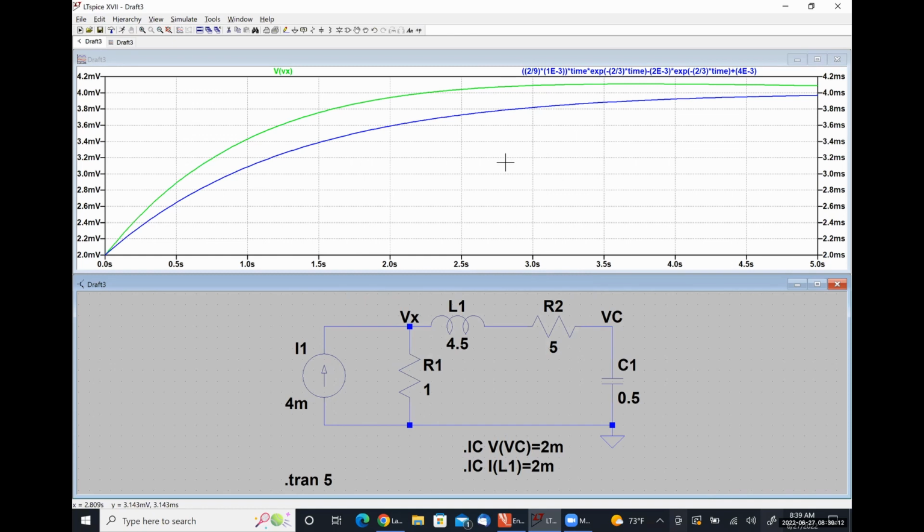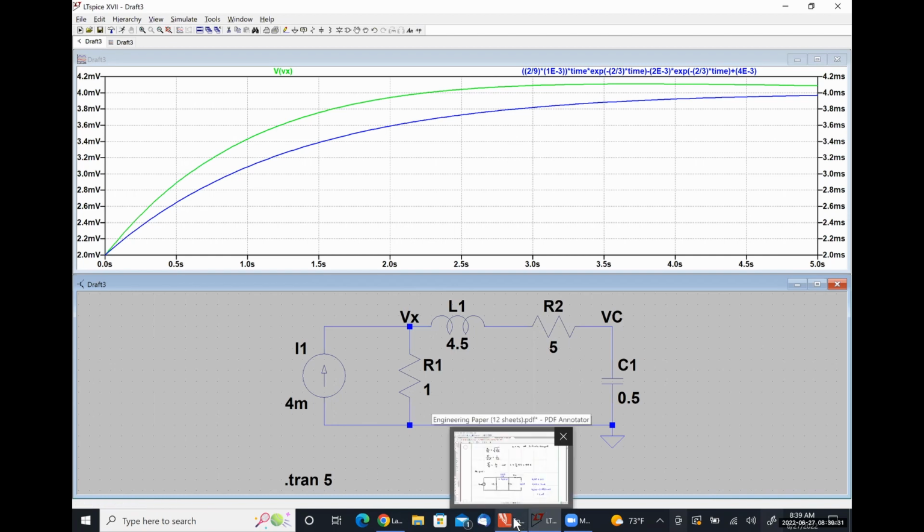So the scales are the same, but the waveforms don't match, which means I've made a mistake somewhere, which happens from time to time. So the first thing I want to do is make sure that I've typed in what I'm supposed to be typing in here, and I have all my parentheses closed correctly.